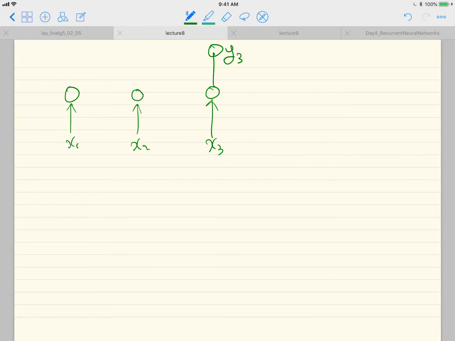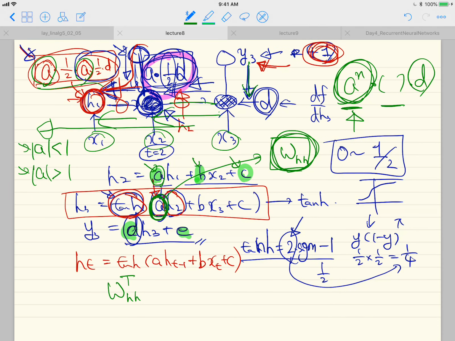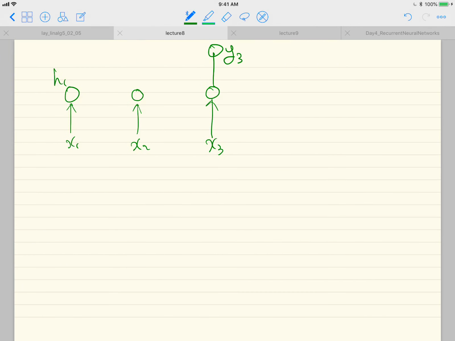This one is h1, right? I'm trying to redraw this figure more explicitly as a computational graph. Suppose we have a node here. So we have a node for the parameter A, right? And in that case, this H1 is multiplied together and then added together.